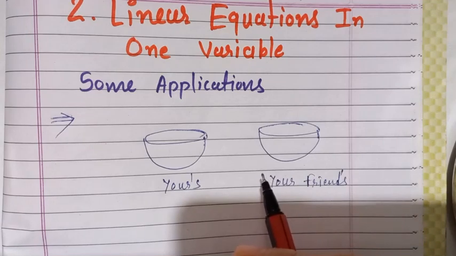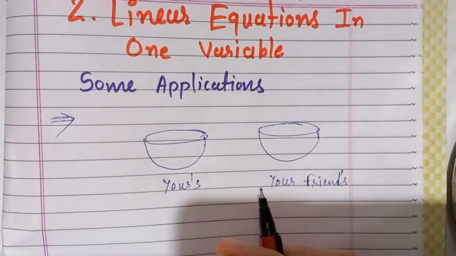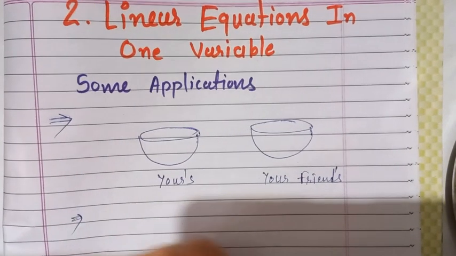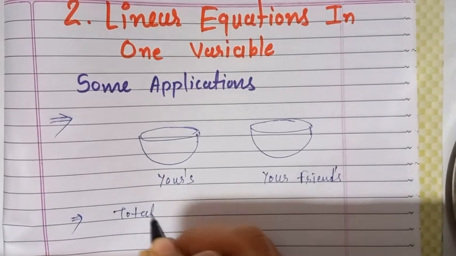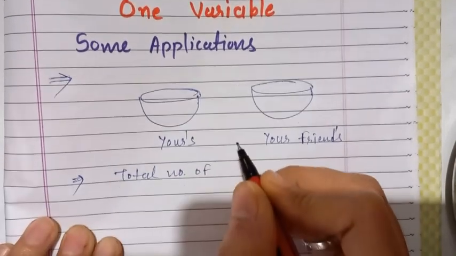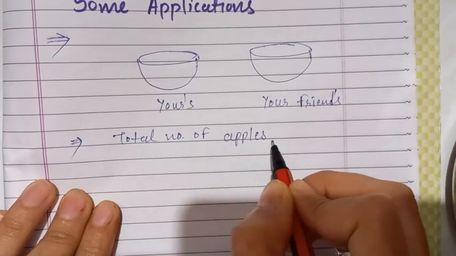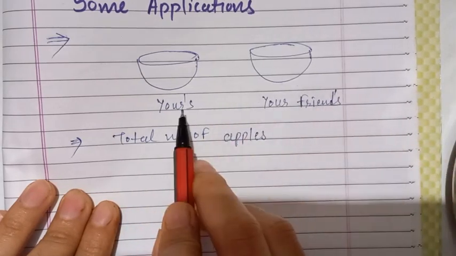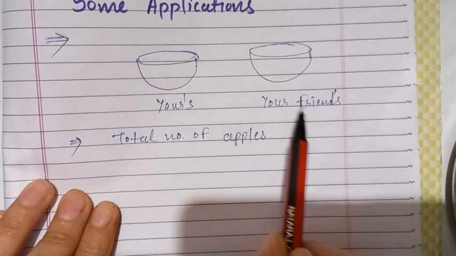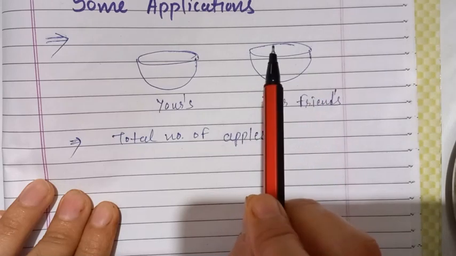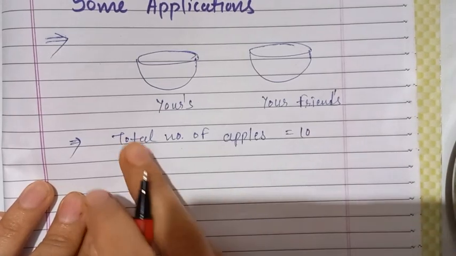But for that you should have conditions. Let's say the total number of apples, that is, the number of apples in your bucket plus the number of apples in your friend's bucket, is 10. Total number of apples is equal to 10. It is one condition.